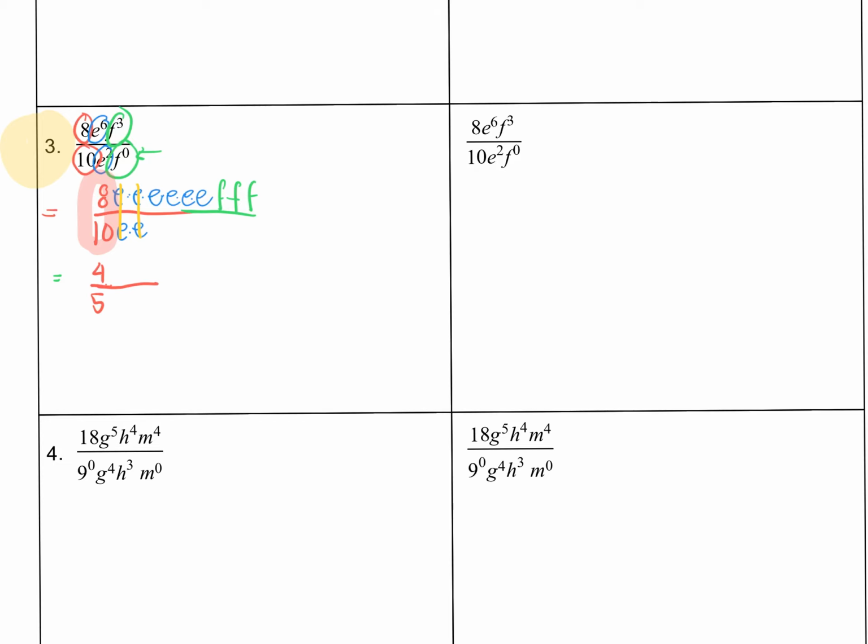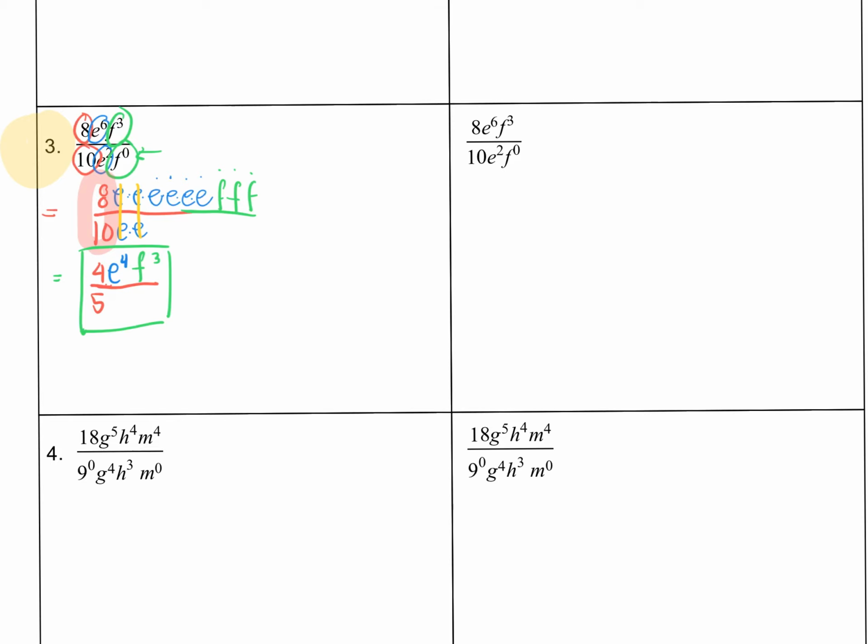I don't see anything else that's the same, so now I'm going to rewrite what is left over. 1, 2, 3, 4, that's 4 e's multiplied, so that's e to the 4th. And then on the top, we also have 3 f's, so that's going to be f to the 3rd power, and this is my answer. So that is doing it expanded.